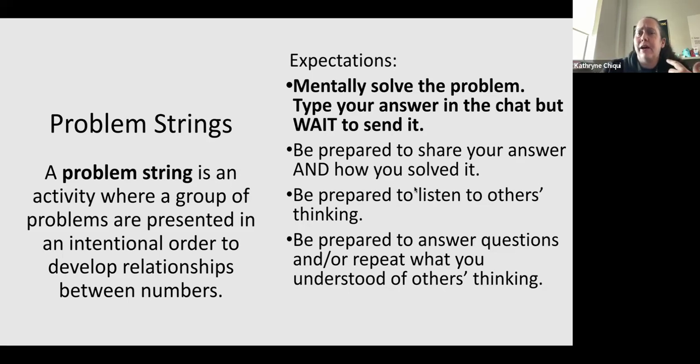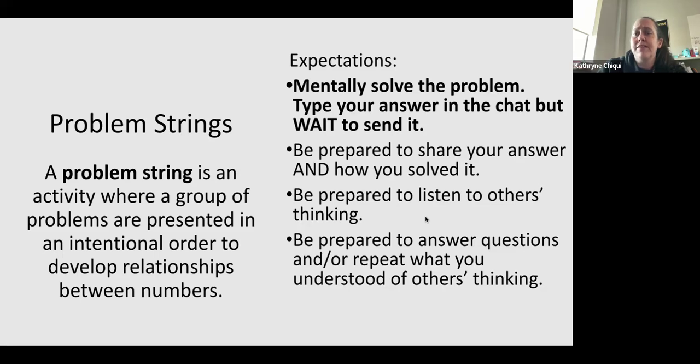I also want you to be prepared. So if you have your answer and you've typed in the chat, I want you to be thinking about how you would talk about how you got to your answer. How would you share your thinking with others? And then I want you to be prepared to listen to others' thinking. So your job is to think about the problem. Once you arrive at an answer, you can type it into the chat, but wait to send it.